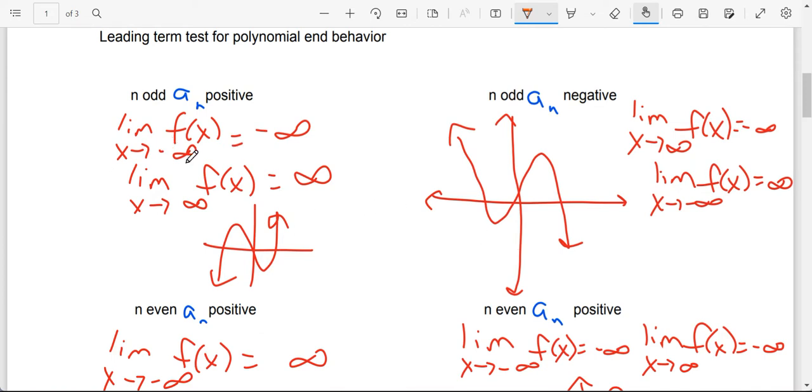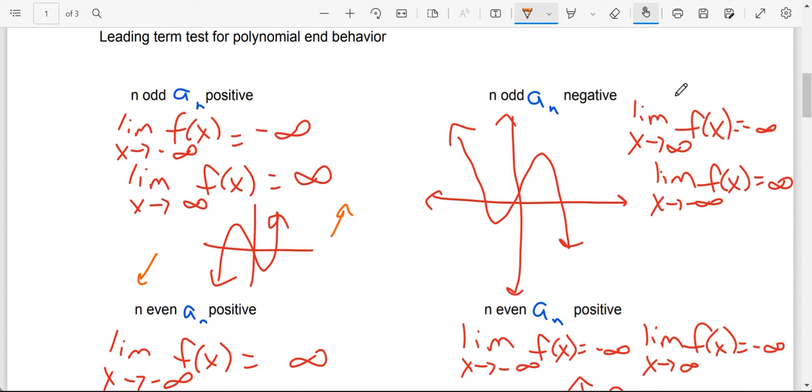That tells us that the limit as x goes to negative infinity of f of x is negative infinity, and the limit as x goes to infinity of f of x is positive infinity. So it ends going up, and as we go to negative infinity, it ends going down. I just drew a random graph here to illustrate that.